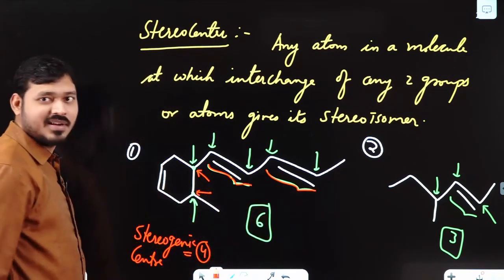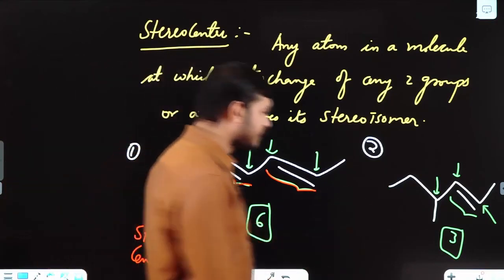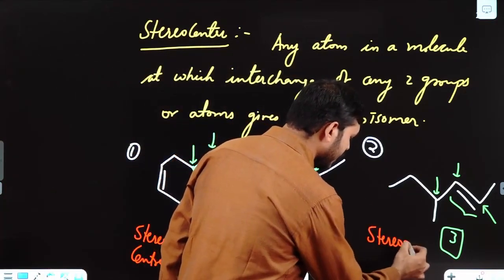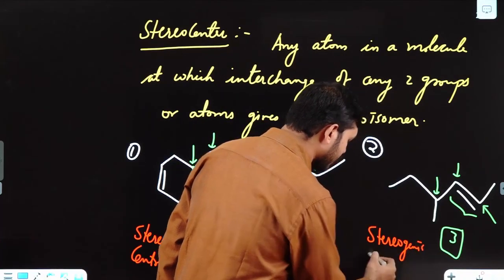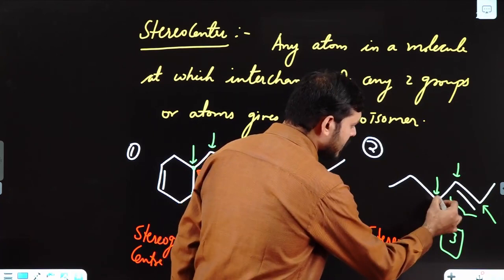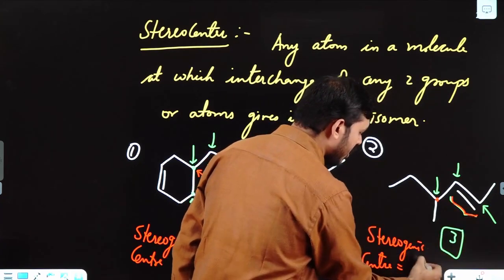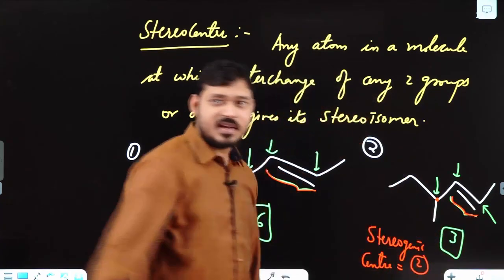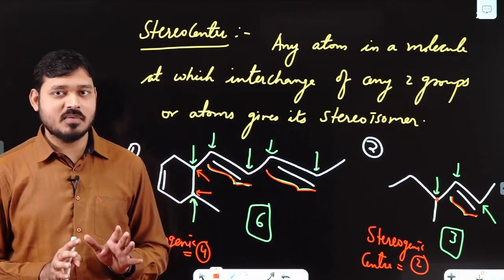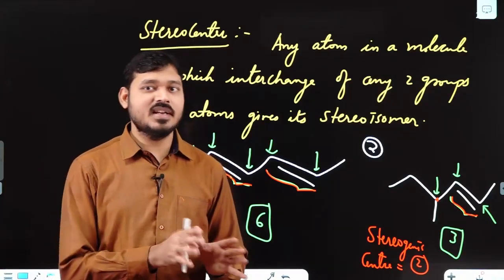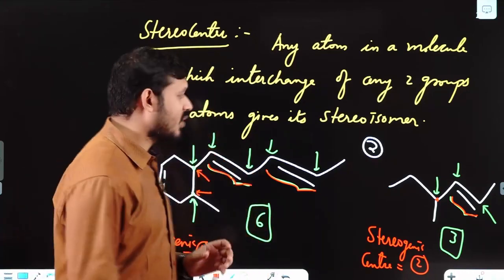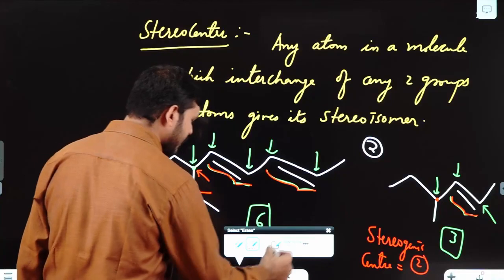Okay, 4. Clear? Now check this one. Stereogenic center, here 1 this chiral center and this part, only 2. Clear? So dear students, I think you must be clear about stereogenic center and stereo center. Now let's see the calculation part, how to check the total number of stereoisomers.